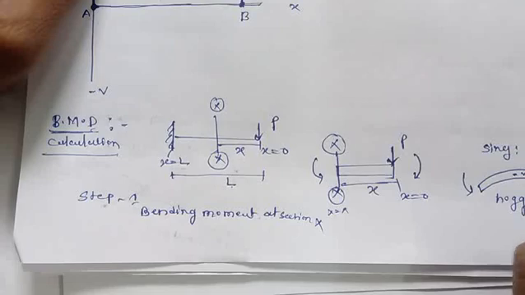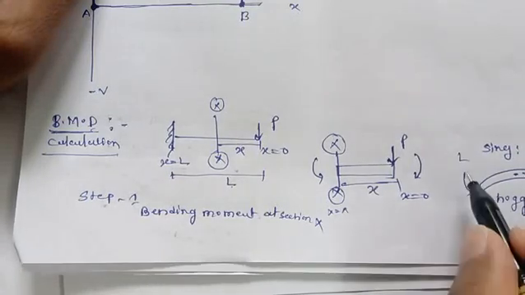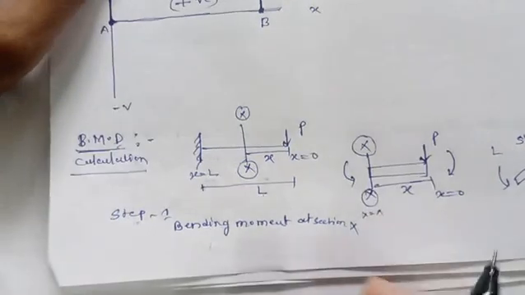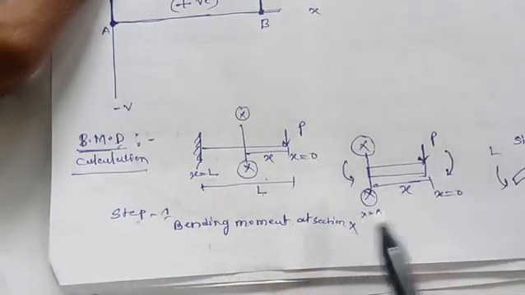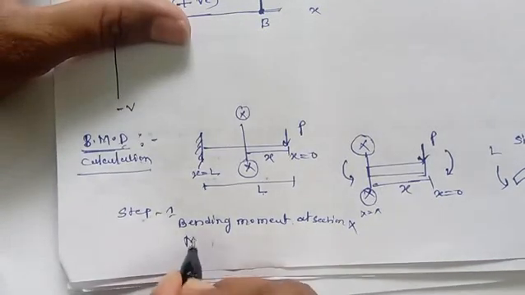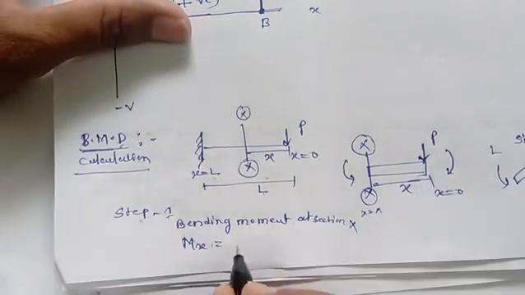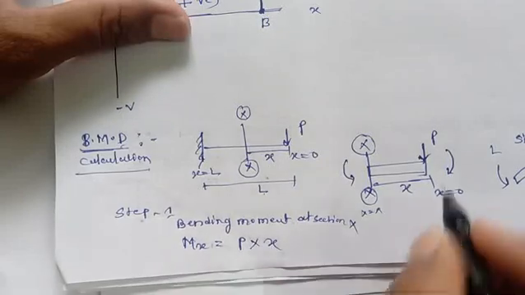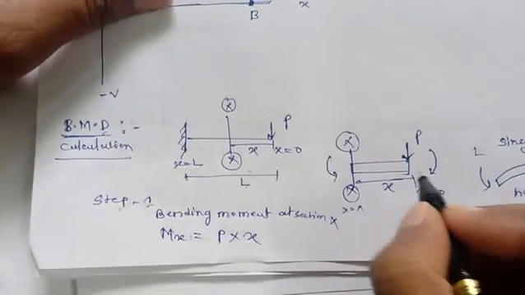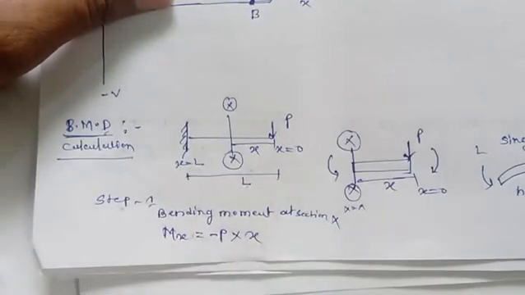So if I move right to left, this type of movement we will take as negative. Here the bending moment is P into the perpendicular distance. So bending moment at X is P into X, and the rotation is in this manner, hogging, so we will consider it negative.